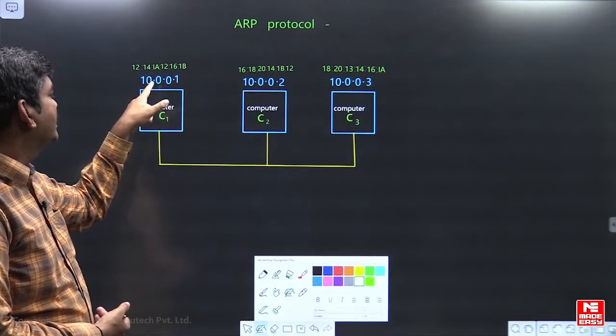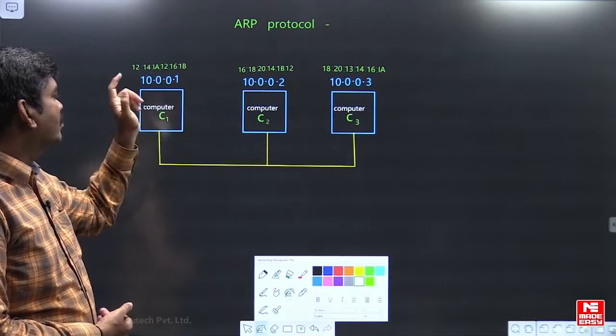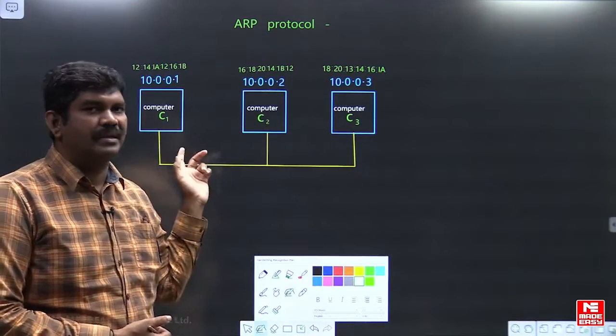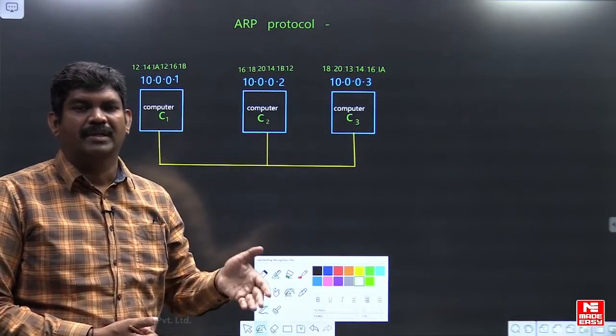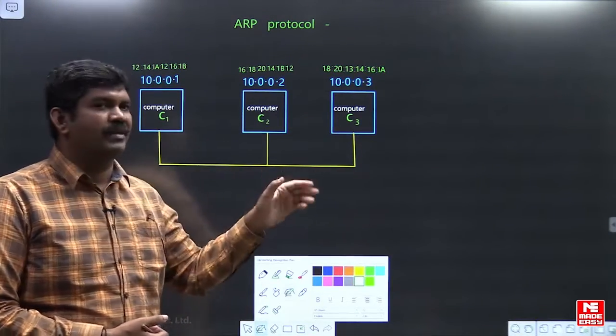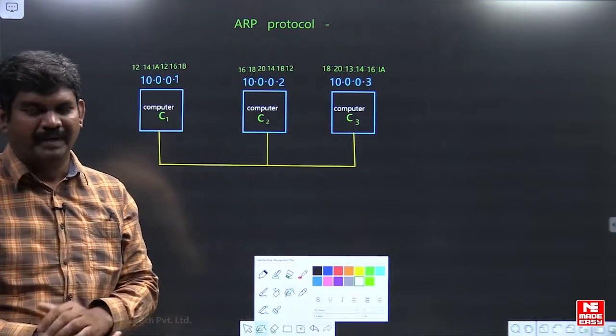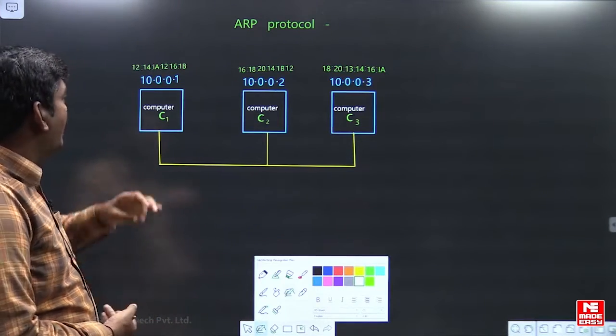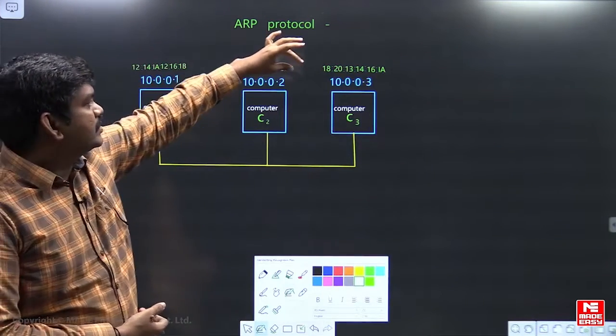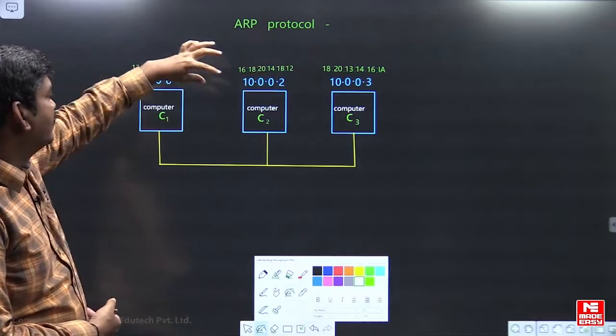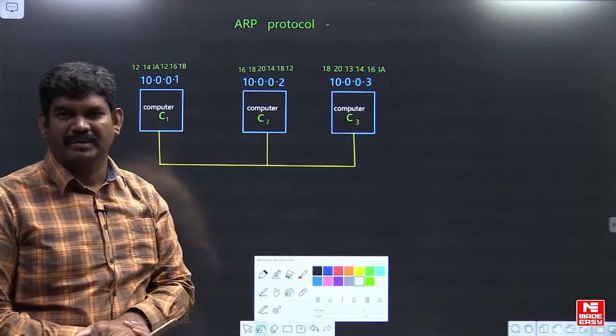You can see 10.0.0.1. So all are having the 10 series. Basically when you say that computers are connected in the same network, their prefix, the network portion, should be the same. And these are the individual MAC addresses of all these computers.